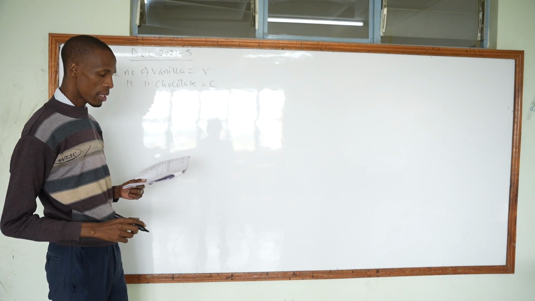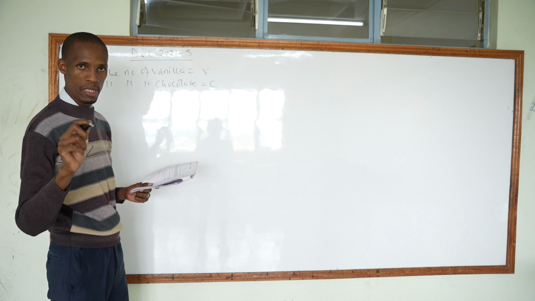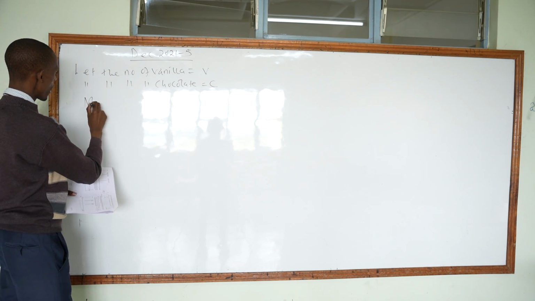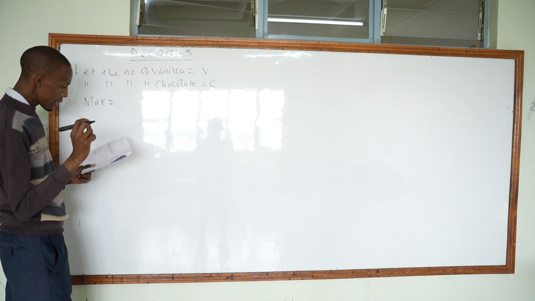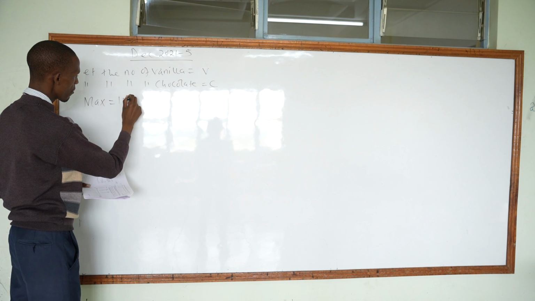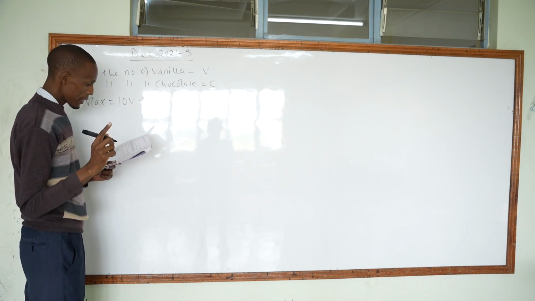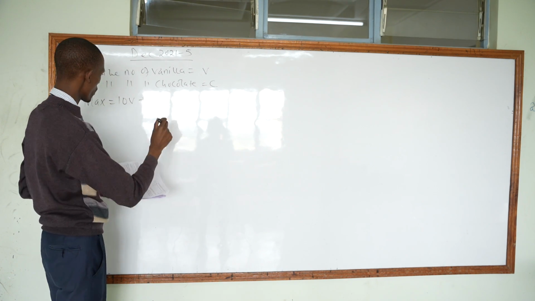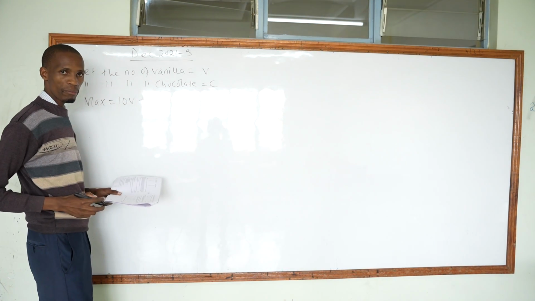According to the question, the major objective is to maximize profit. So we say maximize profit: each unit of vanilla gives 10 shillings, so 10V plus, and each serving of chocolate gives a profit of 7 shillings, 7C.